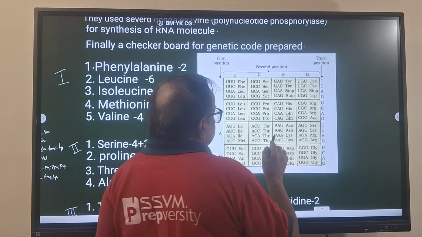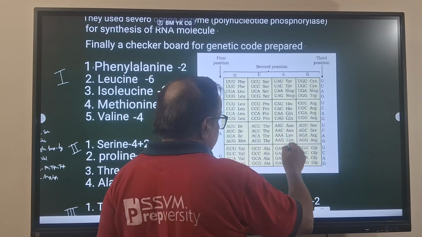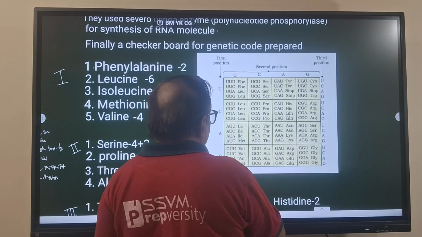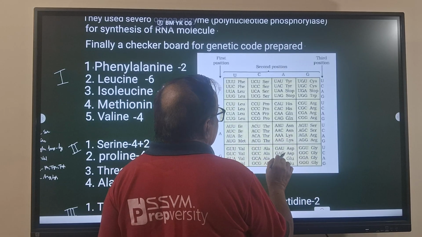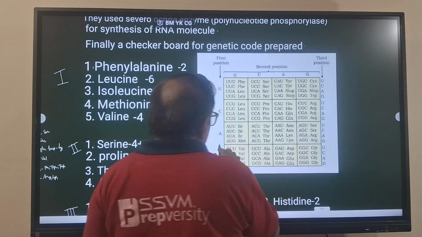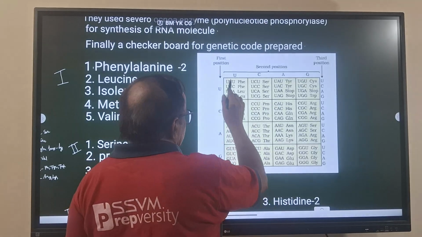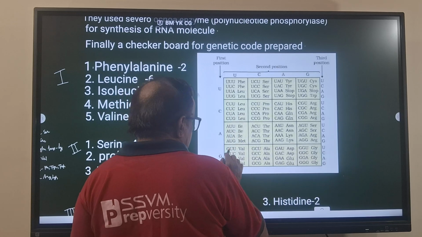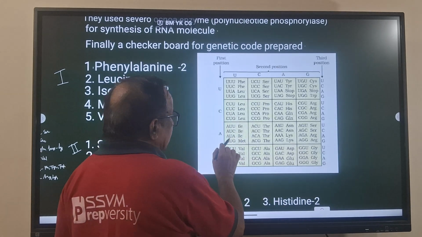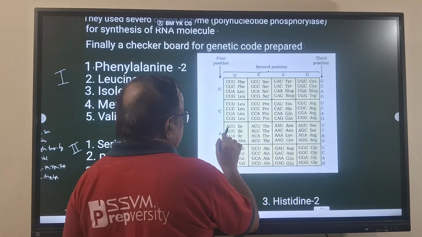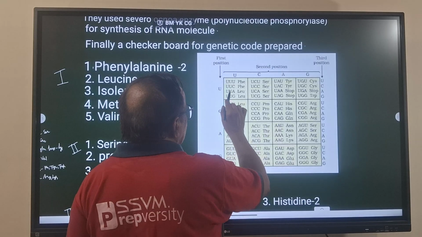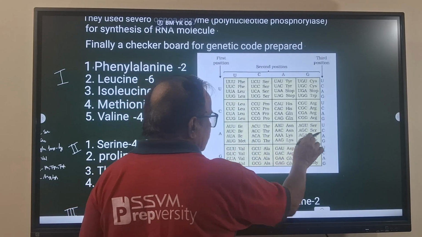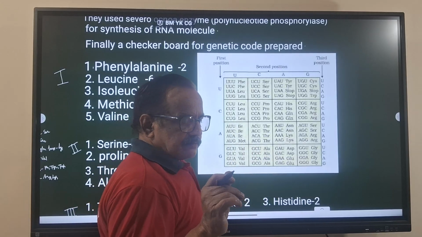Now you see here, the third one, the most important one, here it is the G. Whenever we are seeing G with U, all four, GU. The first two letters, the two nucleotides, are common. Only the third one changes in each box. Remember it.